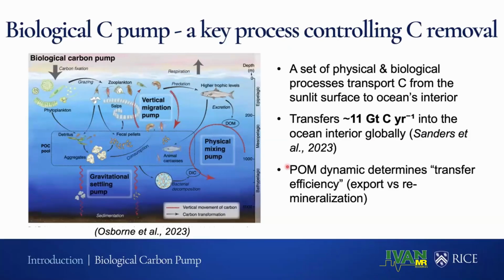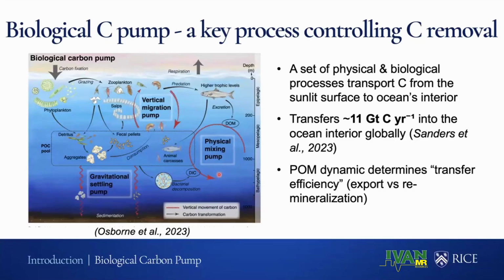The marine biological pump is a set of physical and biological processes, which includes the gravitational settling pump, the vertical migration pump of zooplankton, and the physical mixing pump by ocean currents.